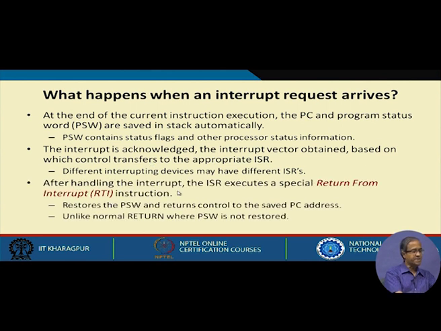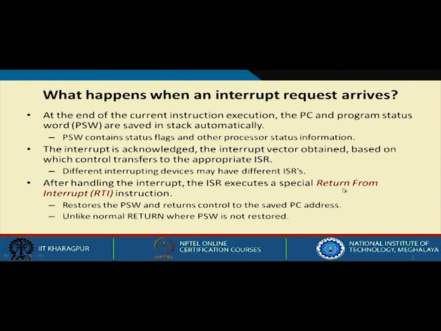Now, after the interrupt handling is completed, the interrupt service routine executes a return, but this is a special kind of return instruction, not a normal return instruction that you use to return from a subroutine or a function, where typically only the program counter is popped from the stack and loaded into PC. Here you have to restore not only the value of the PC, but also the program status word which was also saved.